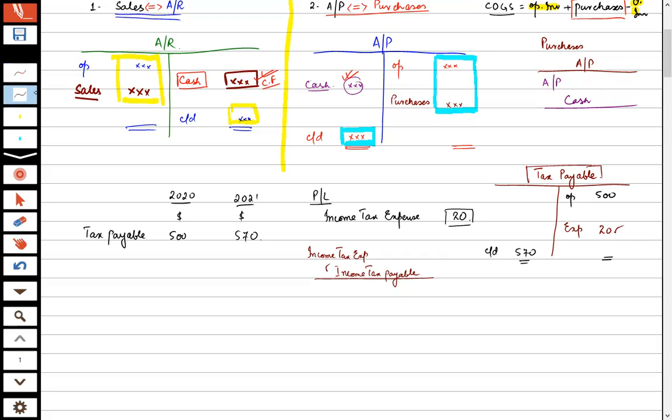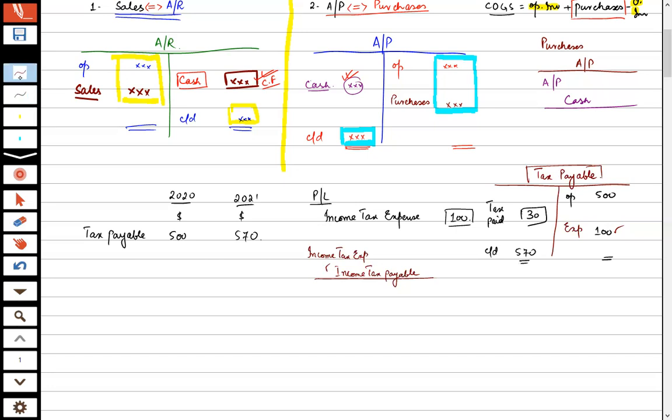Now we will balance it. 520 minus 570. There is a reversal here. Let's suppose this is the amount: tax expense is 100. So we will write here 100 and it is 600. 600 minus 570, so tax paid would be $30.